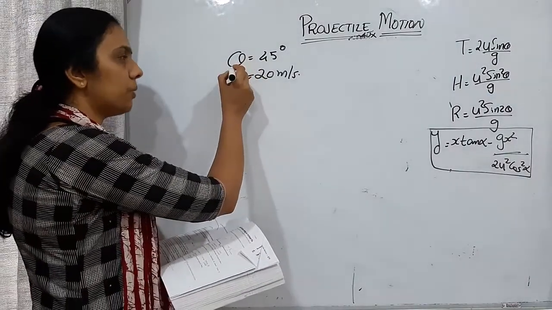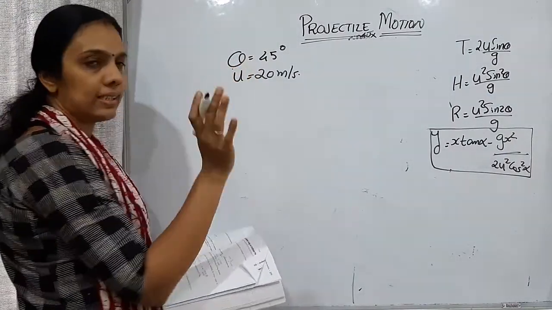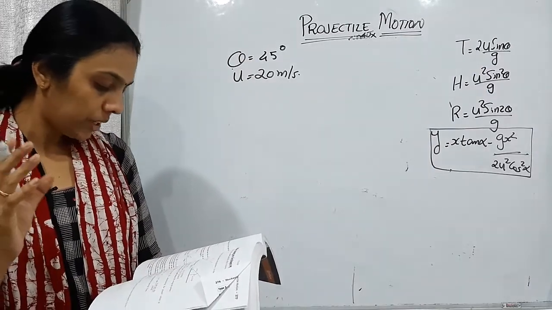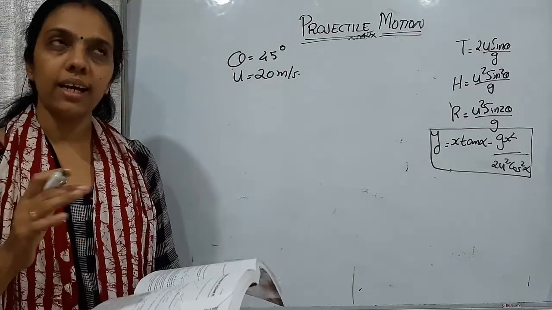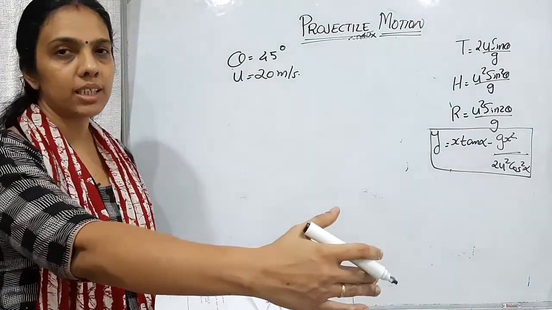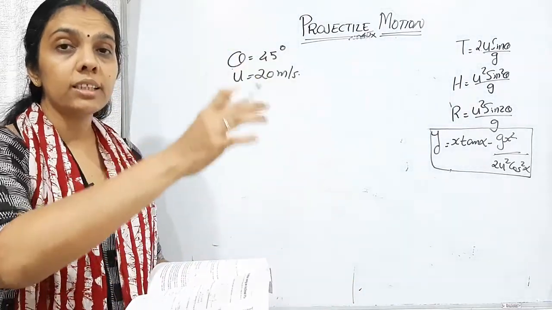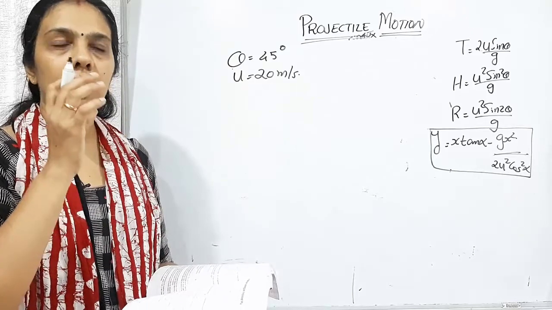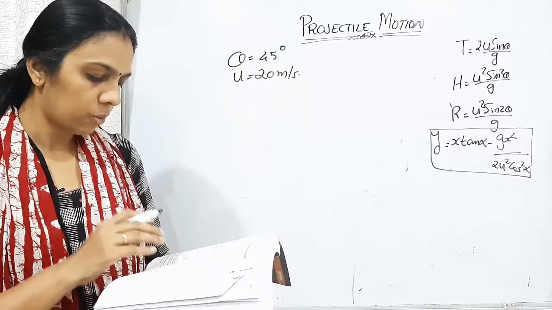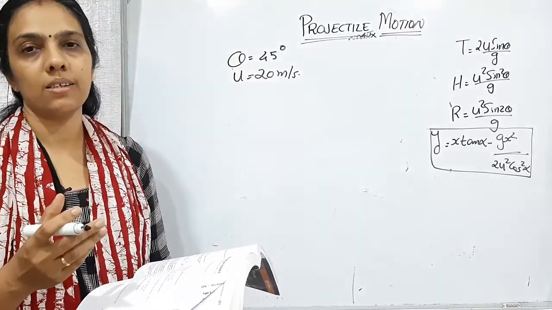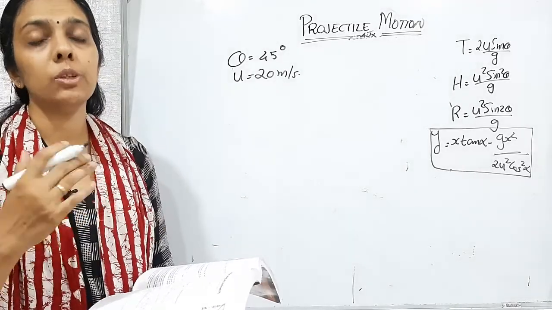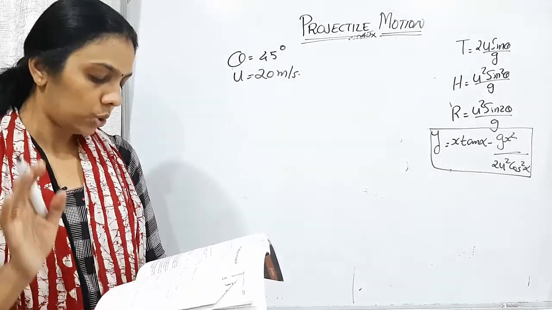So initial angle and velocity is given. Then he needs to catch the ball, and for that he is already 50 meter away from the coach. How much distance he should cover, with which velocity he should run.